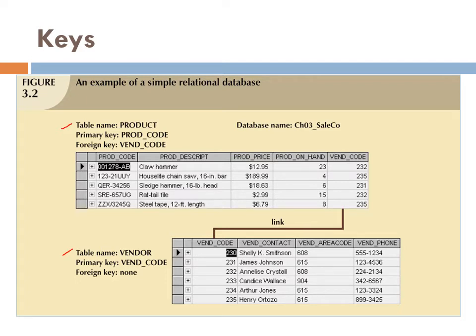Look at the vendor code here. Vendor code is a foreign key in the product table. Product code is the primary key for the product table. So in this example, there is no secondary key to show you, right?